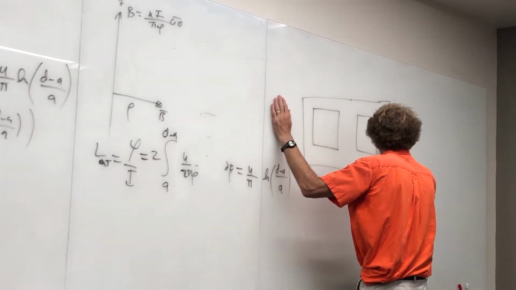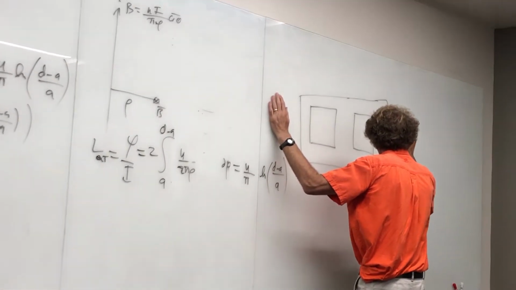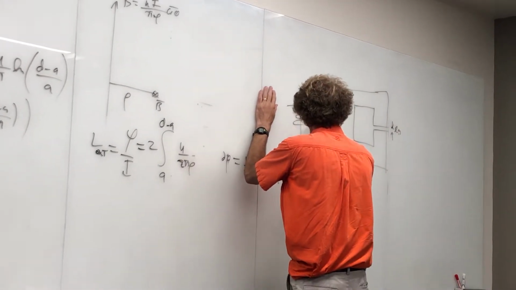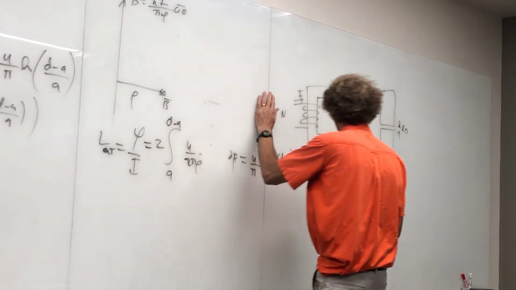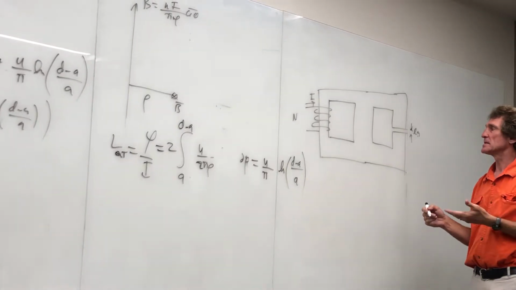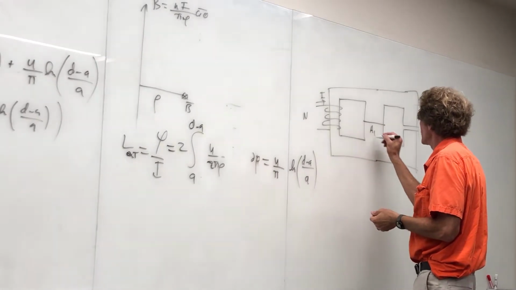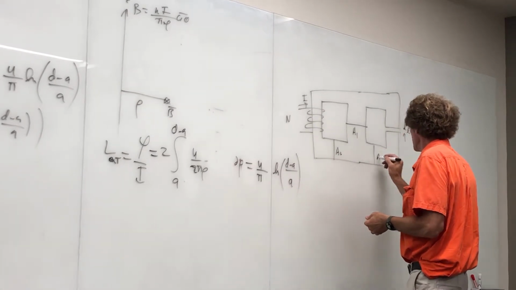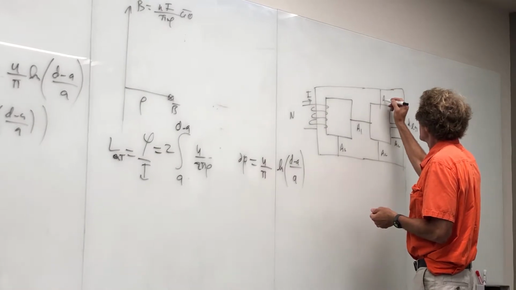Let's make a little gap here. So we're going to have a current I here, with N turns. And let's say I wanted to analyze this with the analogies, and I'm going to say that this cross-section here is A1, this cross-section is A2, that's A2, this is A2, that's A2.